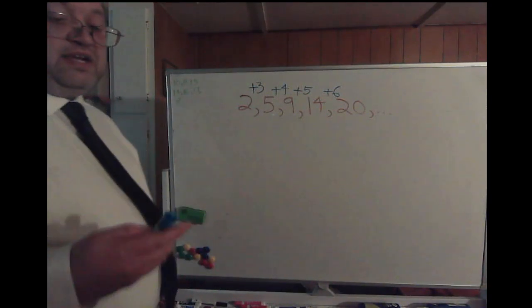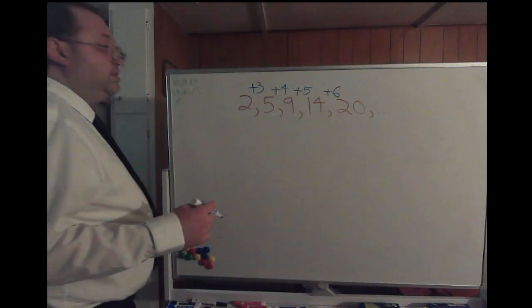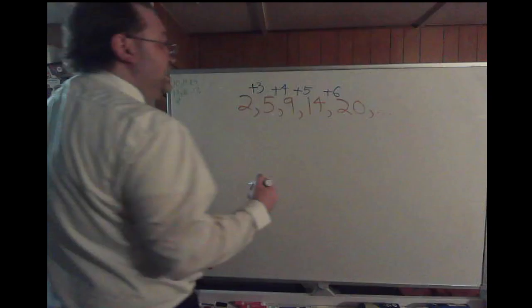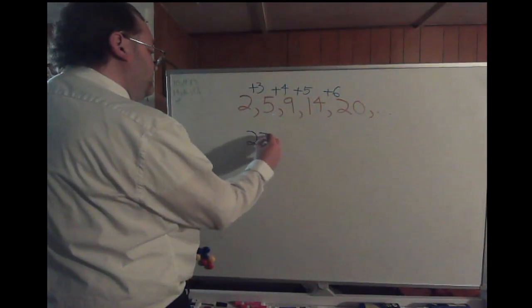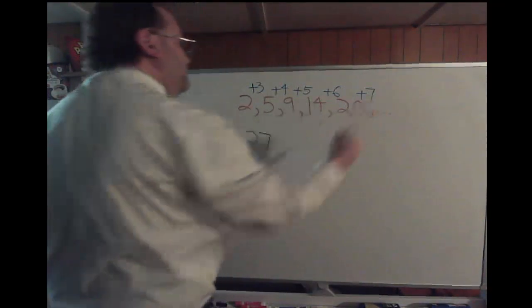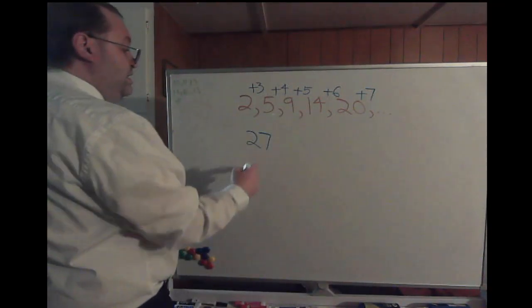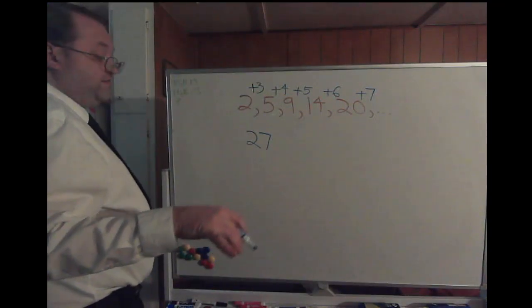So we want to find the next 3 terms. It looks like to find the term after 20, based on the pattern, we're going to have to add 7. So 20 plus 7 is, well, 27. So guess what? It looks like to find the second term we're being asked to find, you're going to have to add 8.